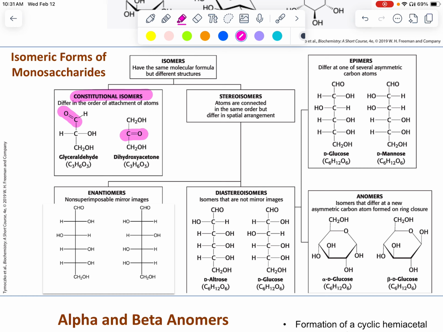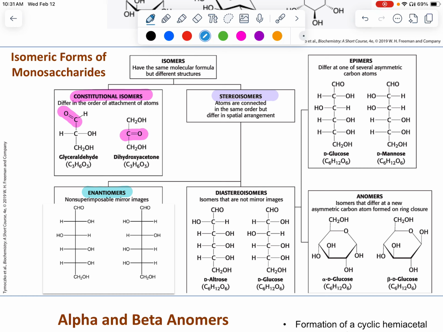Two different molecules. What we will often look at are stereoisomers. So now the atoms are connected in the same order, but the way they're arranged in 3 dimensions is different. So we'll have chiral centers where carbon's attached to 4 different things, and the arrangement of those things is different.